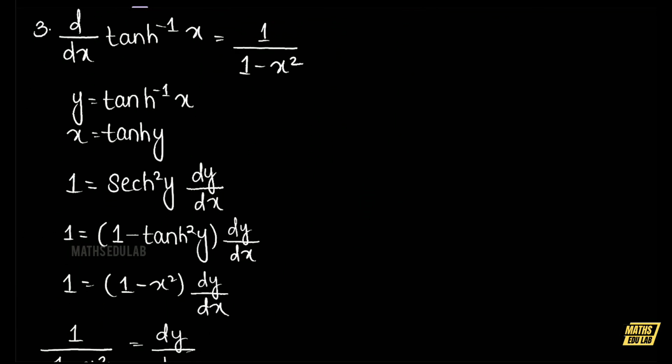Then the third formula is given, the derivative of tan hyperbolic inverse x is equals to 1 upon 1 minus x square. So we will take the tan hyperbolic inverse x as y, and we get x as tan hyperbolic y. Here also we have to follow the step of differentiating with respect to x.